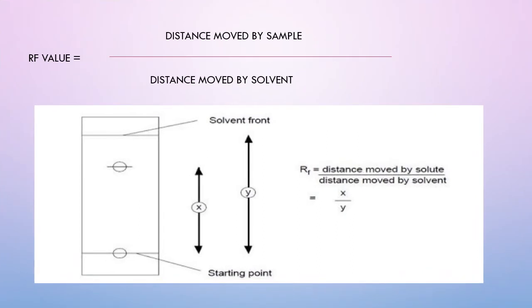I also told you in adsorption chromatography how to calculate the RF value. RF value is equal to the distance moved by the sample divided by the distance moved by the solvent. Here X is the distance moved by the solute and Y is the distance moved by the solvent. With the help of that, the RF value is calculated.